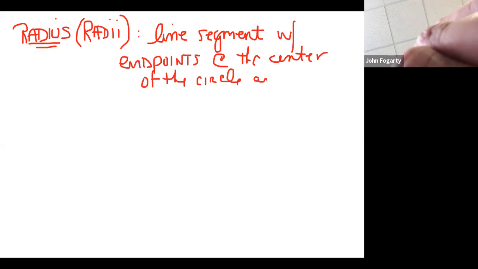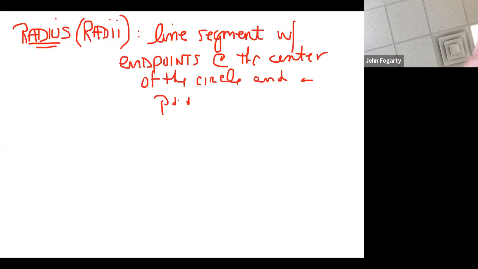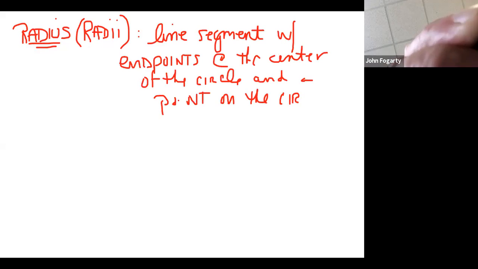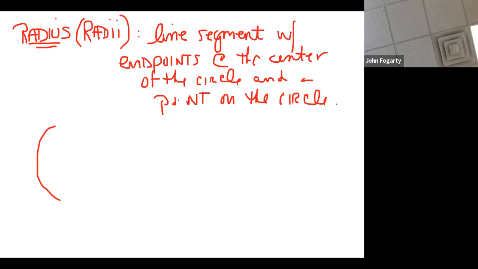And a point on the circle. So if I have a circle and I have a line segment, I'll make it blue, this line segment right here.